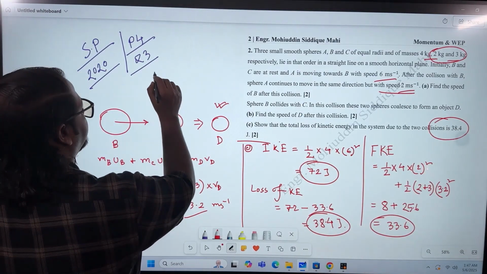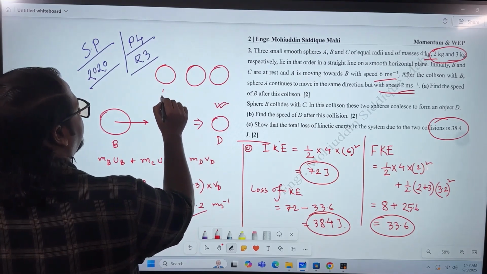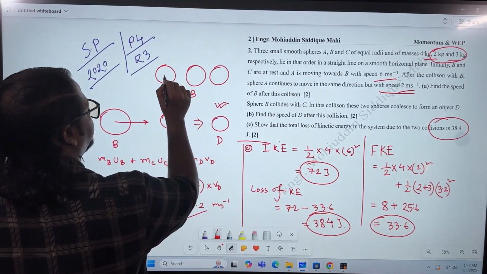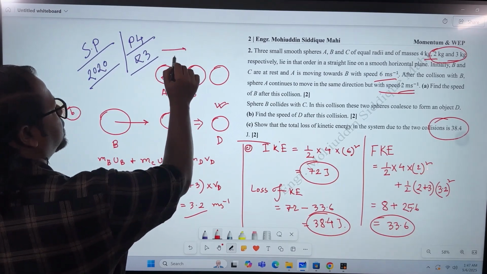So what's happening here? A, B, and C. After the collision between A and B, A was moving with a reduced speed.